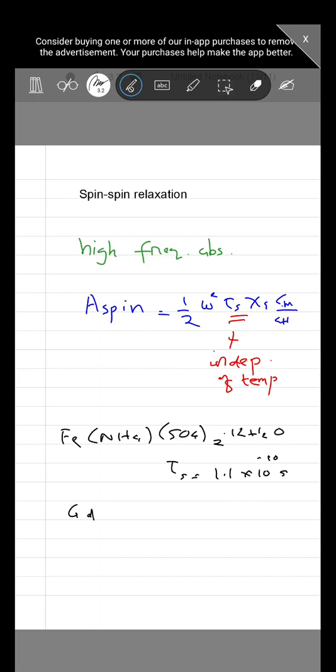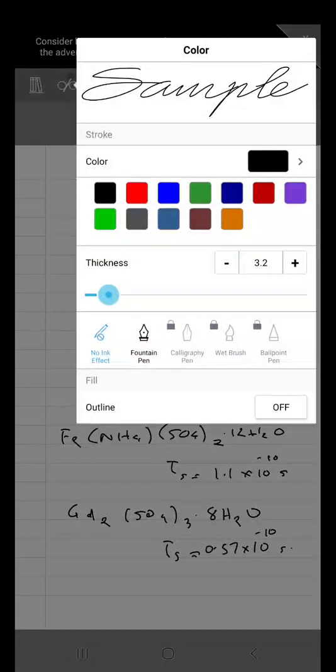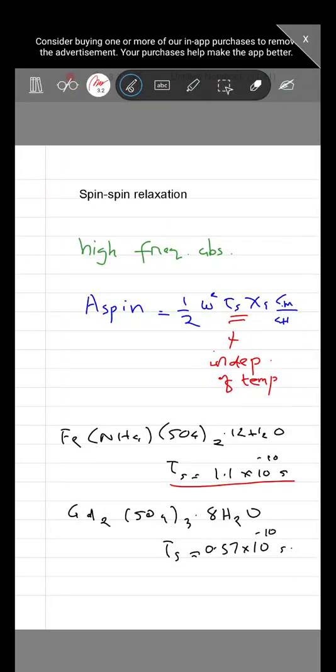Gadolinium sulfate, on the other hand, has a paramagnetic relaxation time of 0.57 into 10 to the power minus 10 seconds. So this is 1 and 2. We can see the values are extremely low, of the order of 10 to the power minus 9, minus 10 seconds.